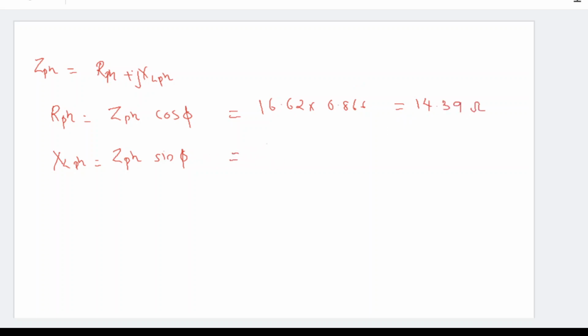That is again 16.62 into sine of cos inverse of 0.866.